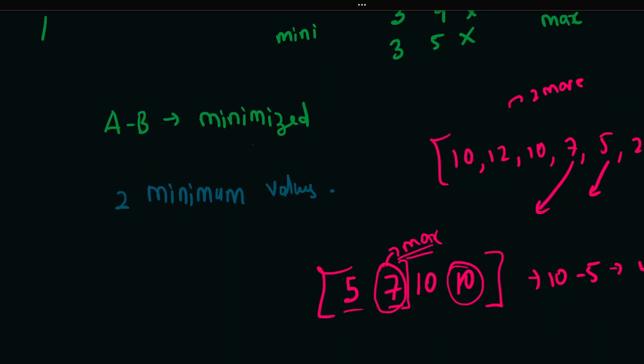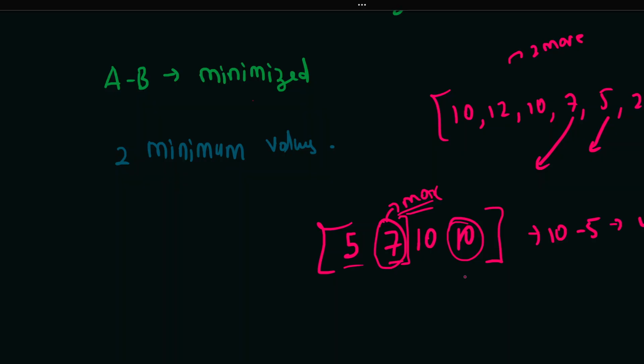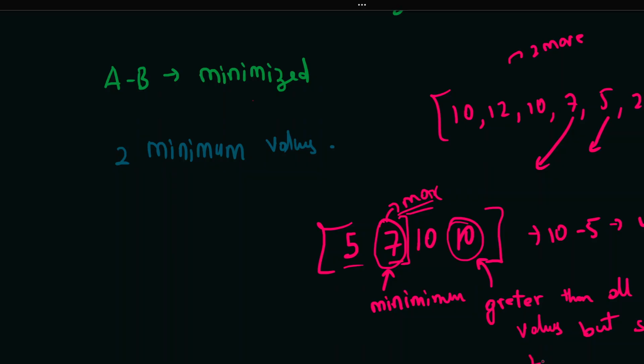So what my intuition says is, I want to not only choose the two minimum values, but somehow choose a value which is greater than all other values, but smaller than the leftover ones.